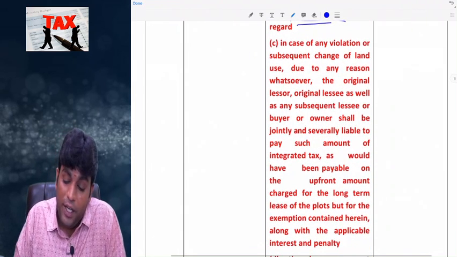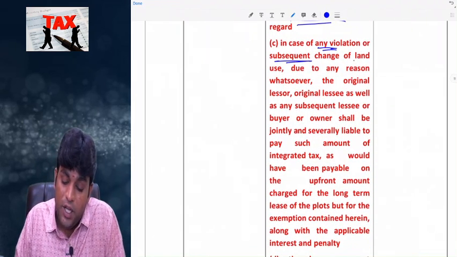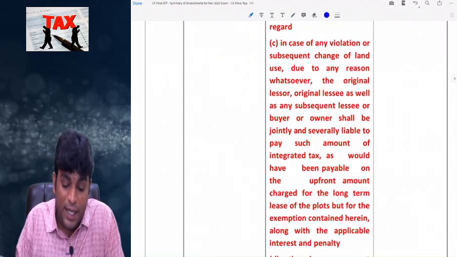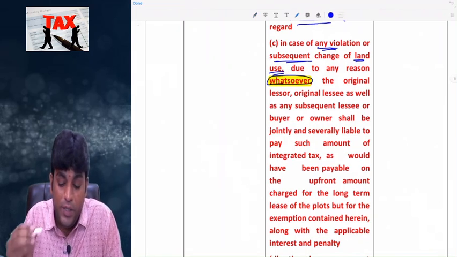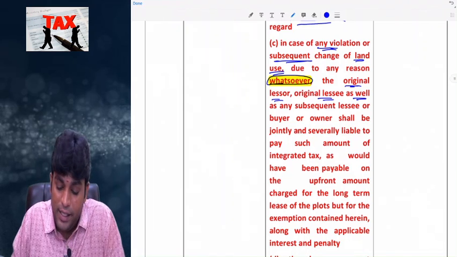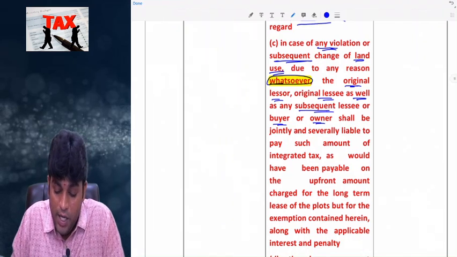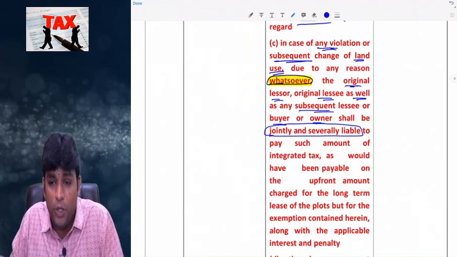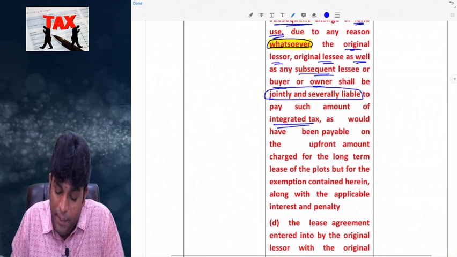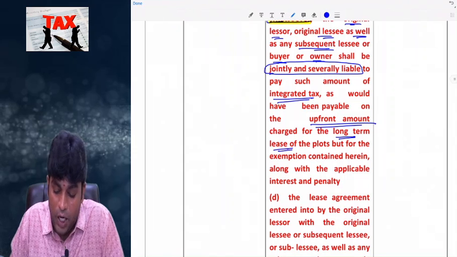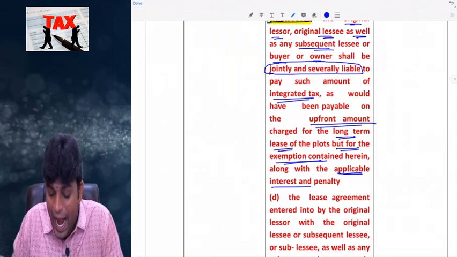Now, in case of any violation or subsequent change of land use due to any reason whatsoever, we are not concerned for the reason, but for any reason you are not using it, then the original lessee as well as any subsequent lessee or buyer or owner shall be jointly and severally liable to pay such amount of integrated tax as would have been payable on the upfront amount charged for the long-term lease of the plots, but for the exemption contained herein, along with interest and penalty.